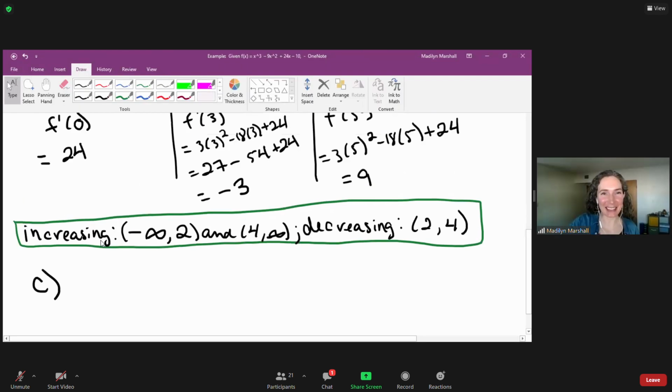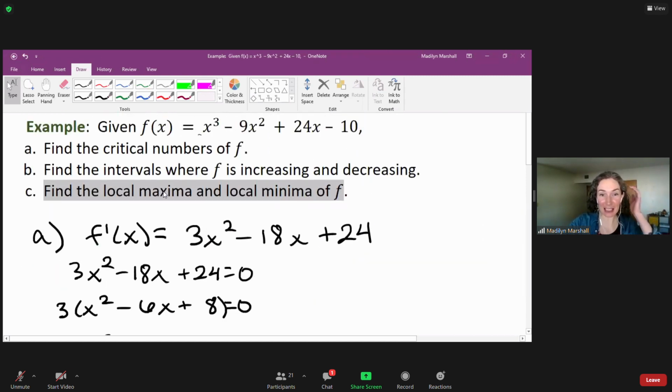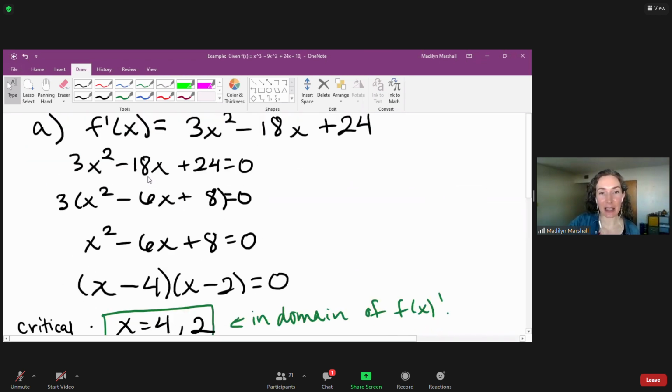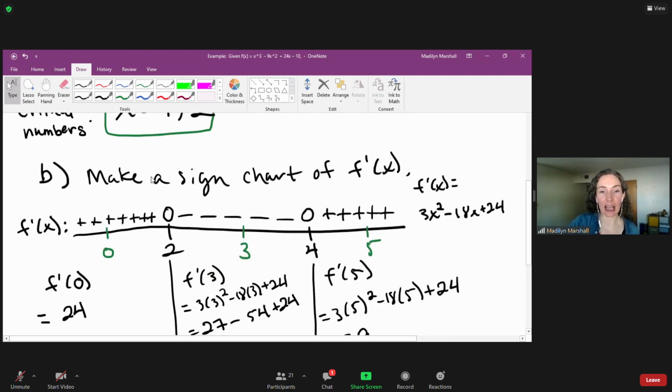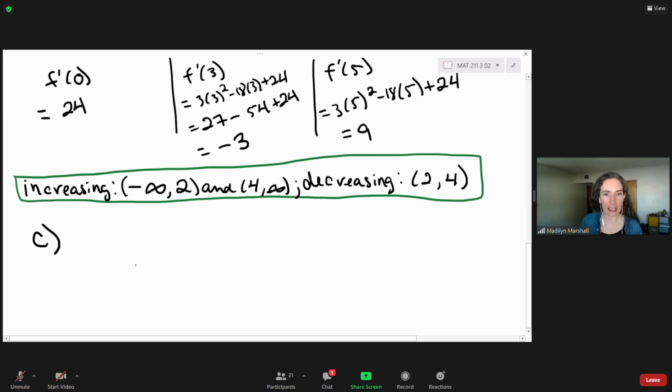Okay, so I'll go back to where I was. On C, we're finding the local maxima and minima, and we can use what we did in part B to do that. Just for the sake of making some notes, I'm going to rewrite that sign chart, or at least a simplified version of it. So we had 2 and 4.